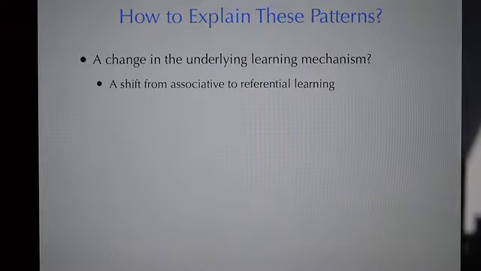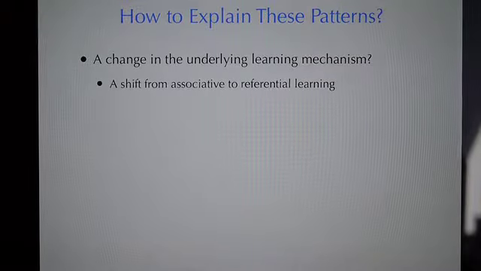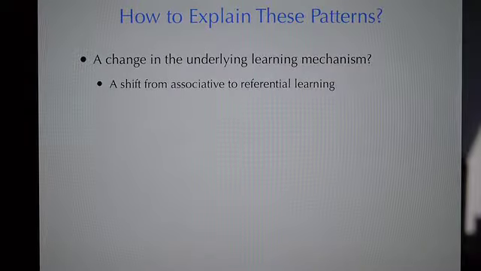Maybe they start with a very simple learning mechanism such as associative learning because their brains haven't been developed yet. But as they grow older, their brain develops more and then they shift or switch to a more sophisticated learning mechanism such as cross-situational learning or referential learning. So this proposal has been around, whether the underlying learning mechanism changes during the development of children.